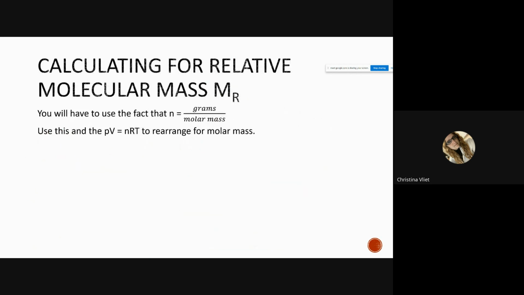We got one more thing to bring up. I hinted at this. Anytime moles enters the conversation, you could actually be asked for grams. And this is commonly asked for by Cambridge.